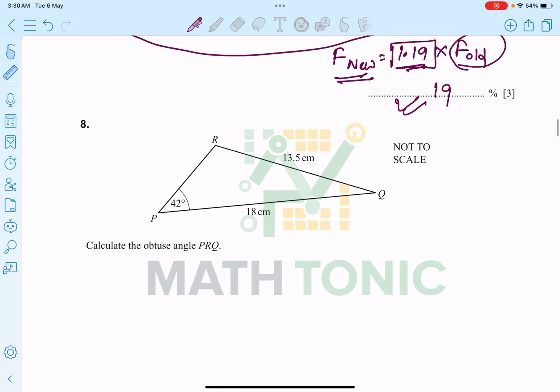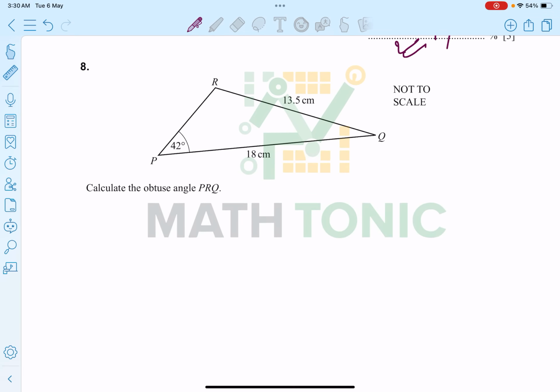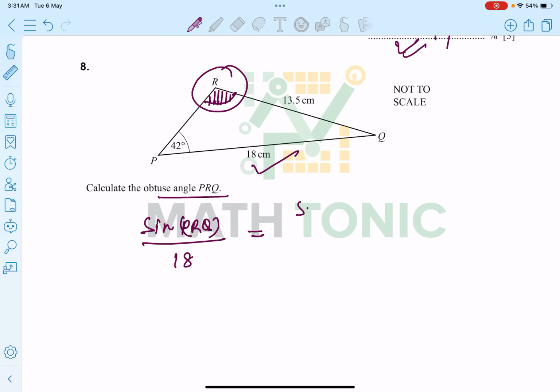Okay. Question number 8 is given. Calculate the obtuse angle PRQ. PRQ means this is the angle we need to find out, right? How to find this? I hope all of you remember the sine rule. What is the sine rule? It says that sine A over A equals sine B over B equals sine C over C. As I'm trying to find this, I'll keep it in the numerator. So sine PRQ over 18 centimeter equals sine 42 over 13.5, correct, right?